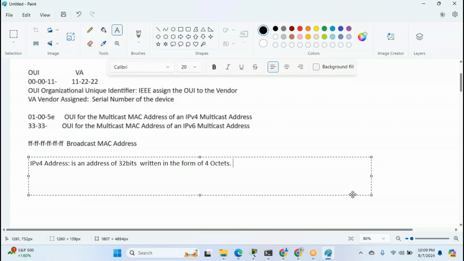One portion of 8 bits can have a value from 00000000 to 11111111. If all these values are zeros, in decimal we can write it as 0. If all these values are 1, we can write it as 255. It means in one octet, we can have a value from 0 to 255.